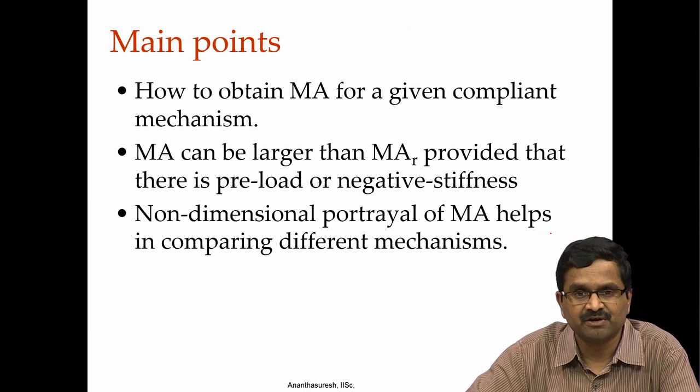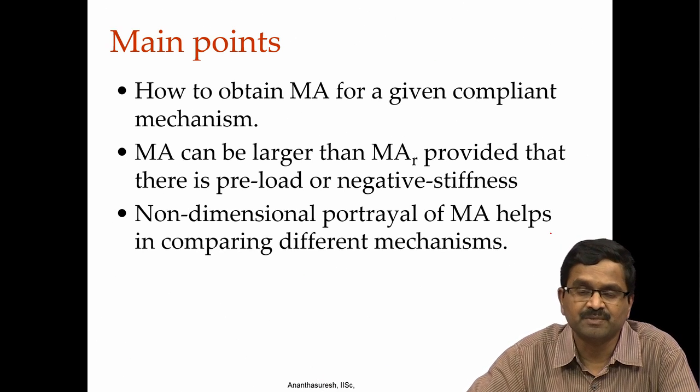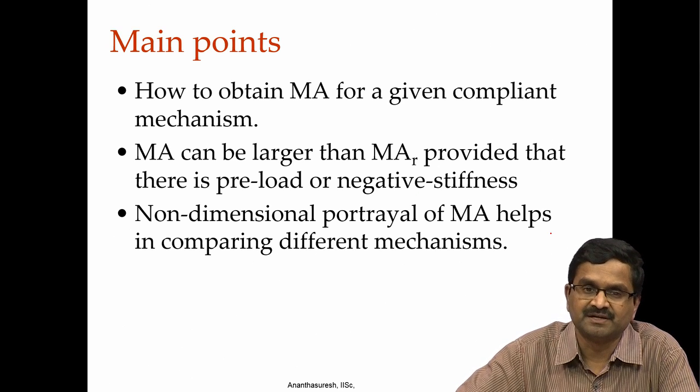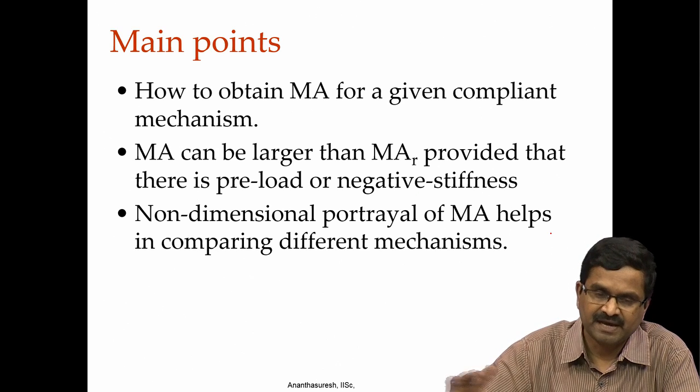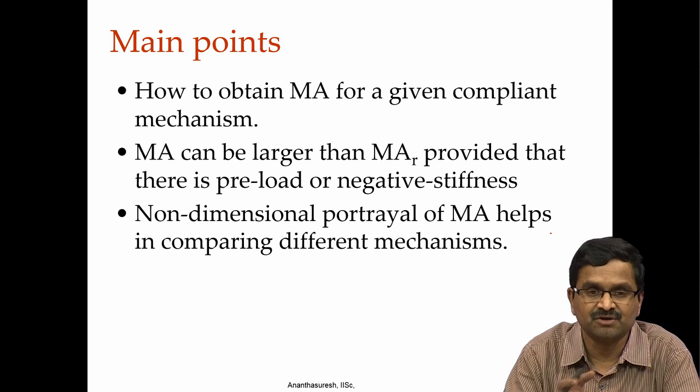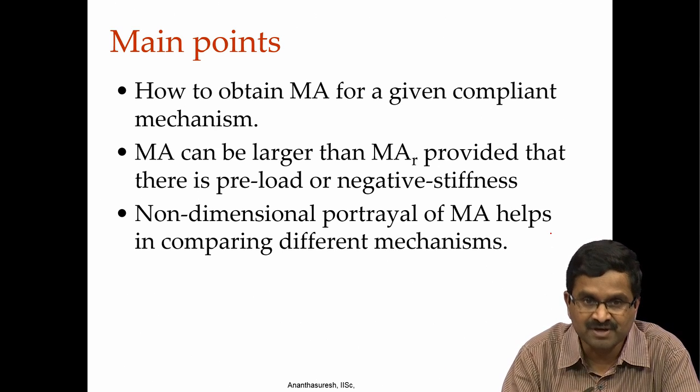And we also discussed a non-dimensional portrayal or depiction of mechanical advantage, so that we can compare different compliant mechanisms and choose the one that suits our purpose, not just from functional requirements, but also for mechanical advantage requirements, because mechanical advantage is more like a secondary thing. First you have to have a mechanism that serves the purpose of the function that is intended.